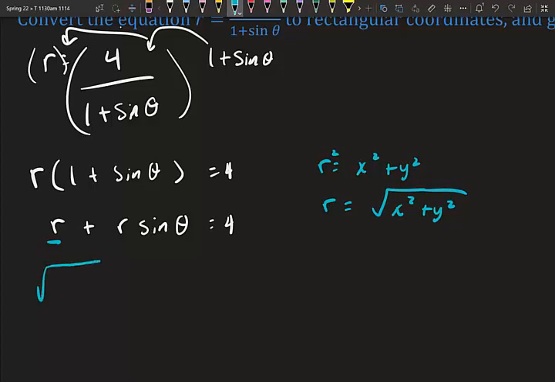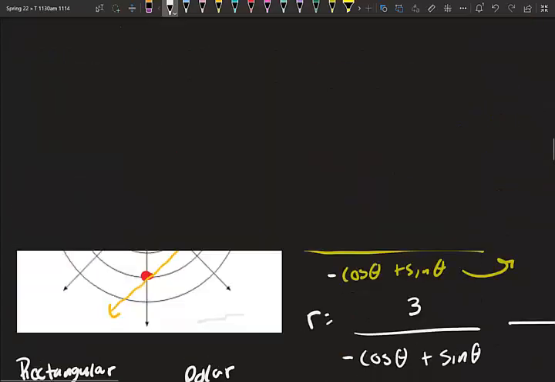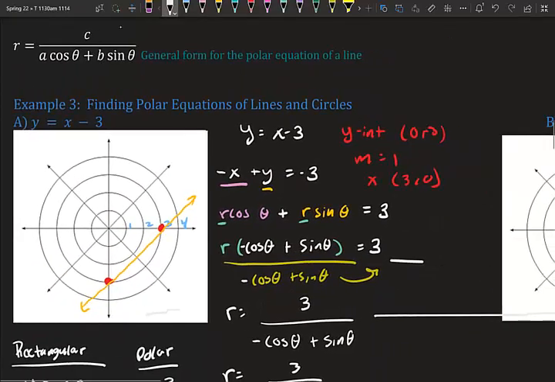So we simplify this down to the square root of x squared plus y squared. R sine theta, we go back up. R sine theta just stands for y. So we're going to switch that to y.